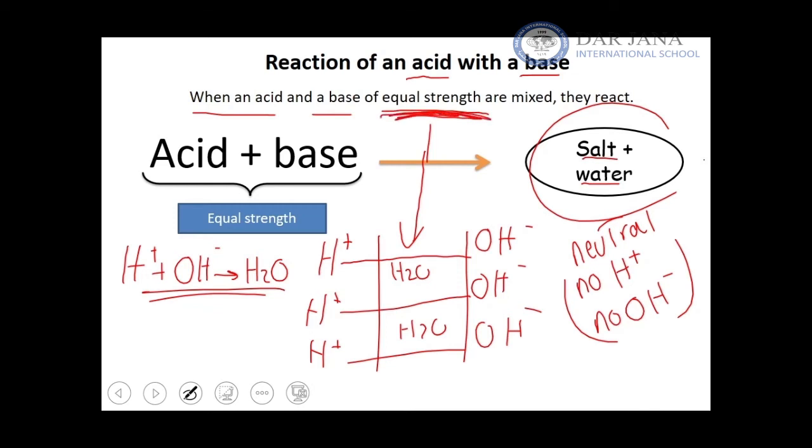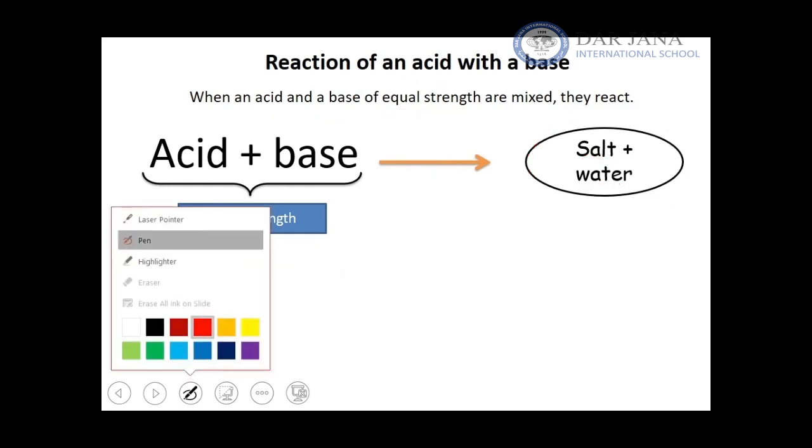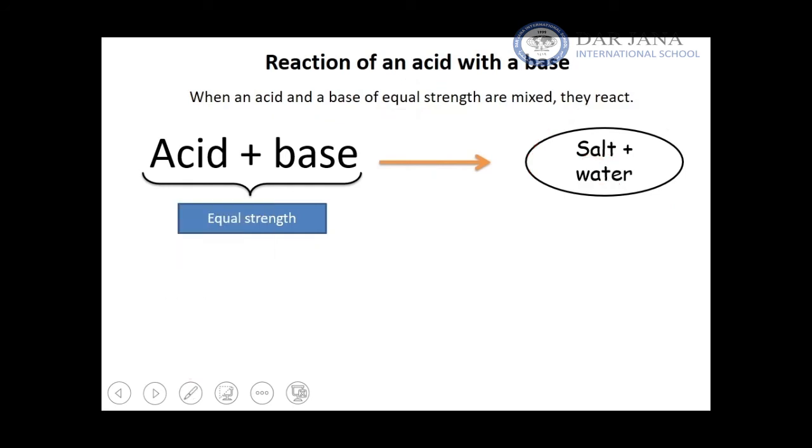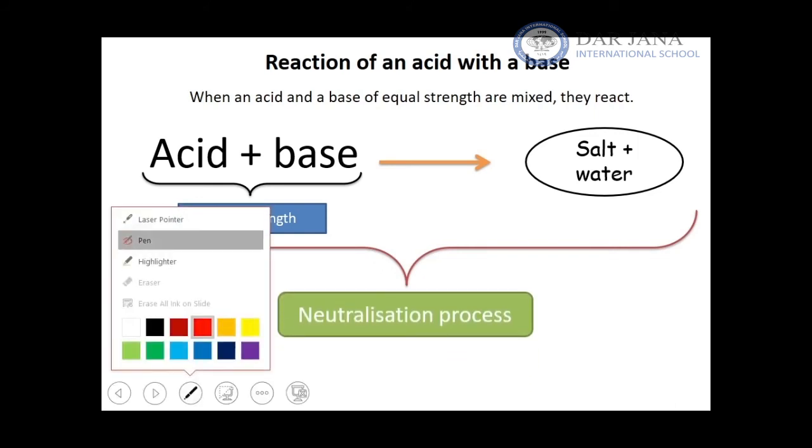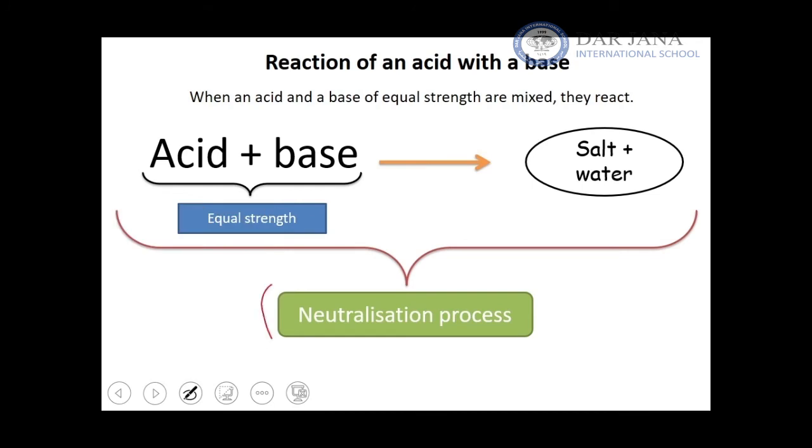Okay, so such a reaction is called a neutralization process. Why do we call it neutralization? Because simply out of two substances, out of an acid and a base, we made a neutral substance. Okay, so neutralization because the resulting substance is neutral.